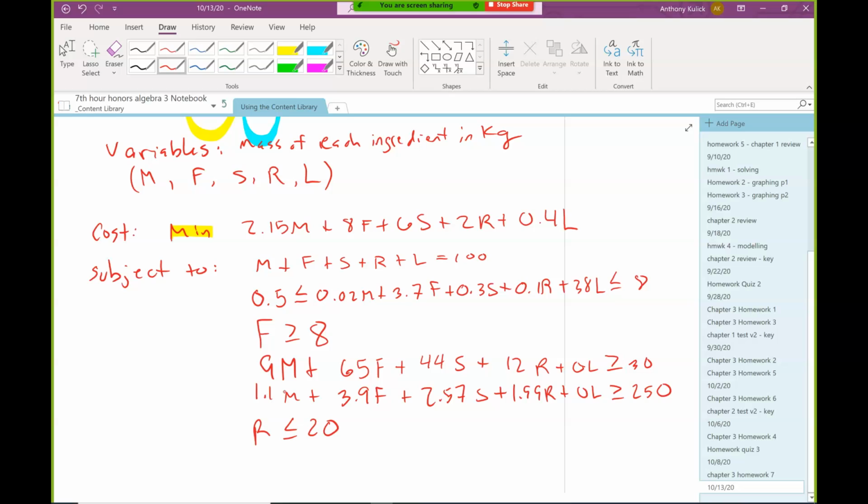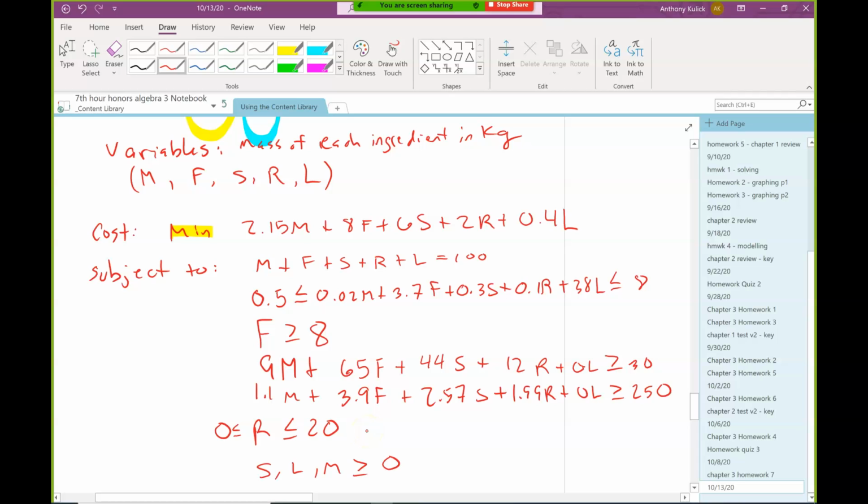I would say there's one more set of hidden constraints here that we need to be careful about. Regina? Yeah, so certainly R has to be positive, and I would include then that also S, L, and M also have to be positive.